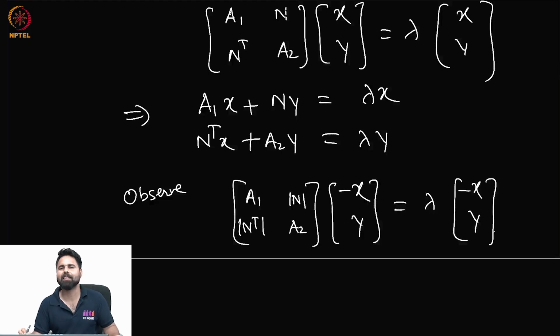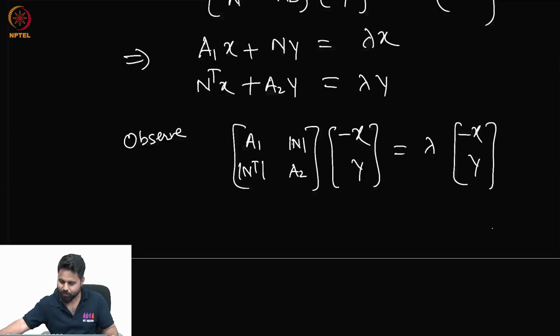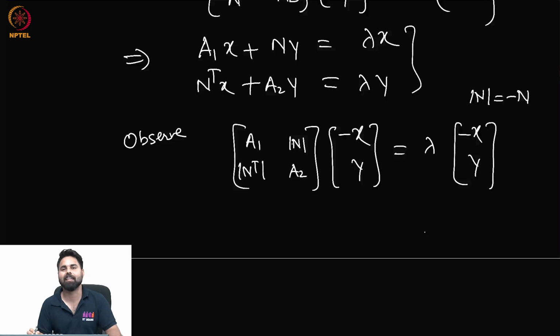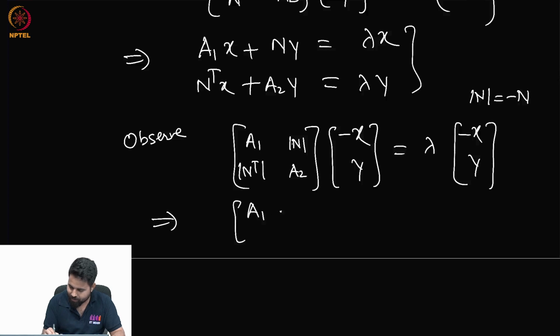I am making a shortcut, but it is not very hard to see. Let us see why this is true. These two equations are giving these two equations. If you see here, N is nothing but the negative of this. So you can replace it by this, and then the proof is in front of you.